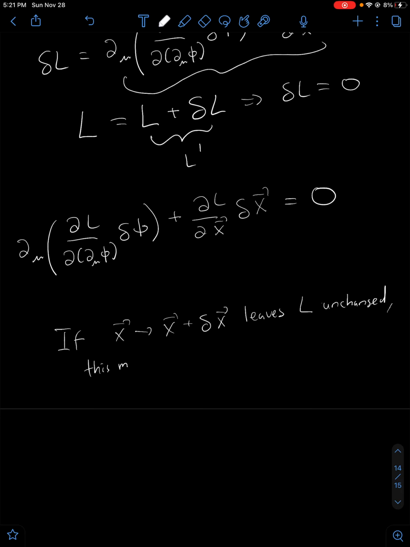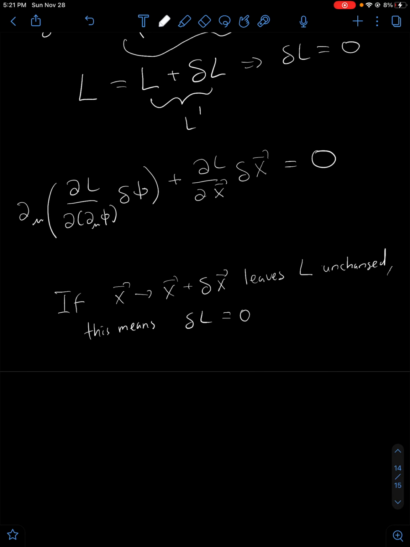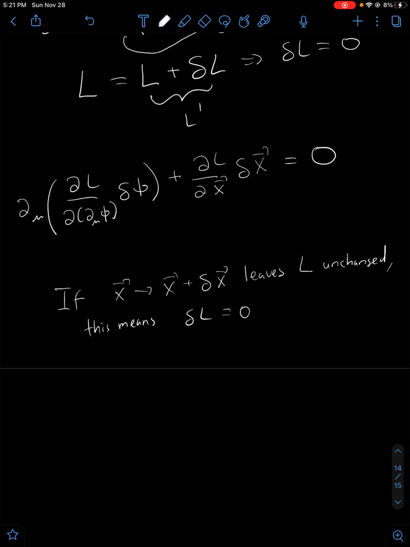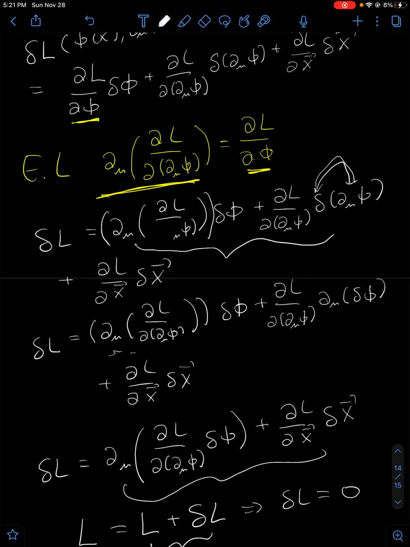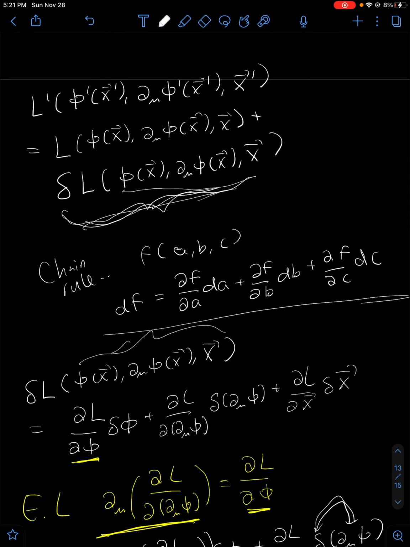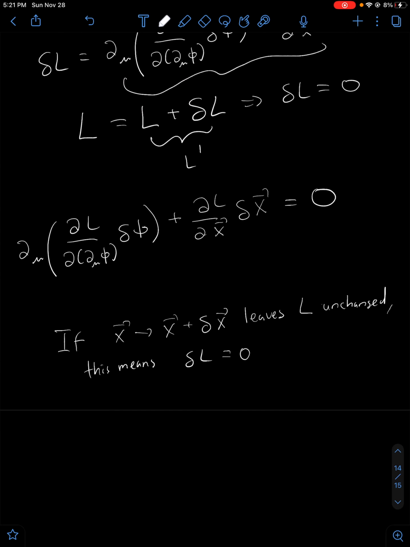this means delta L equals 0. That's basically what we've just said. We just said if x to x plus delta x leaves the Lagrangian unchanged, this means delta L equals 0. It's that simple. But we've just rewrote that English statement into math jargon, right?